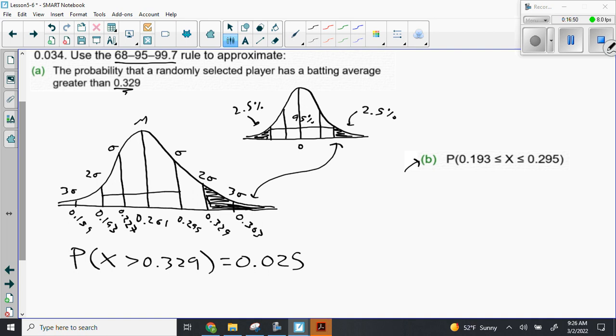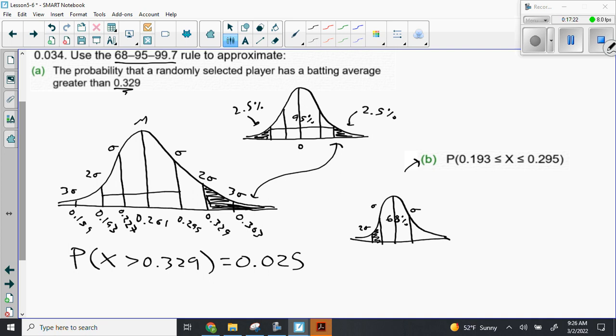We know that 1 standard deviation above and 1 standard deviation below has 68%. But we need to add this little piece. So that's 1 standard deviation, 1 standard deviation. This side goes to 2 standard deviations below the mean.